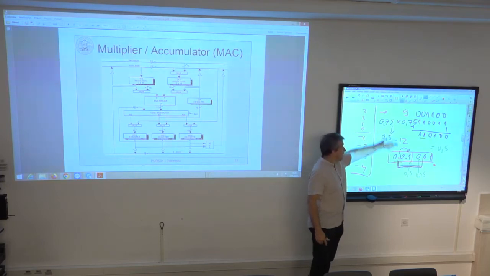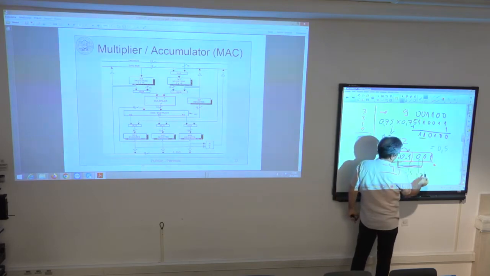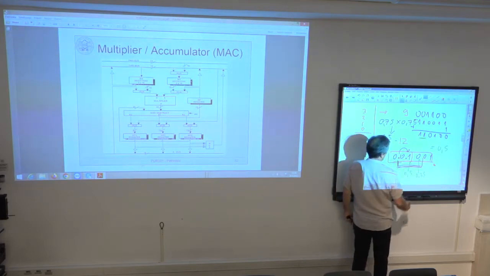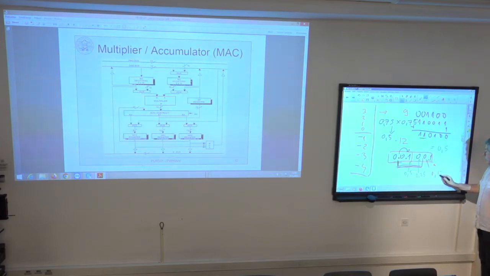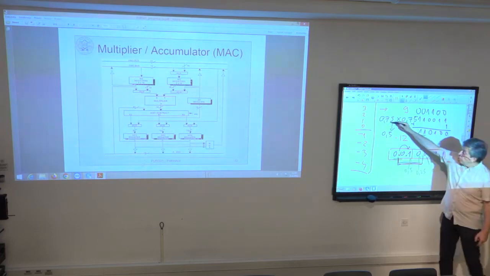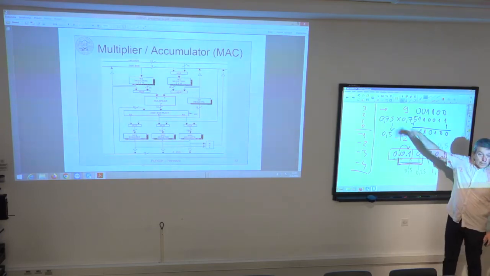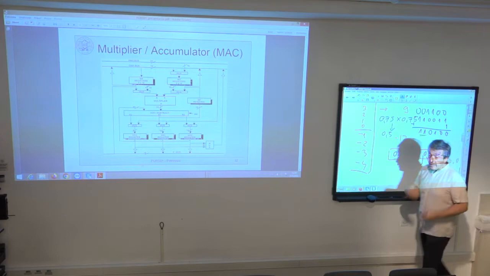If I compute this, then of course this is 0.5 plus 0.0625 and so on. So this is 0.125, and this here is 0.06, I don't know, and so on. So this part is missing here. This is what I truncate. I get rid of this, I take only the upper word, and I make an error. And this error is always negative.